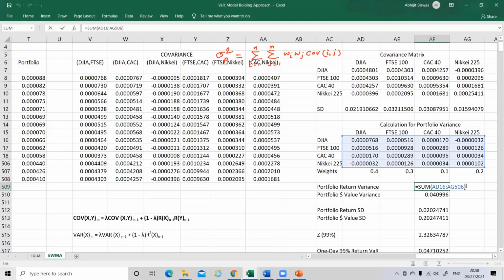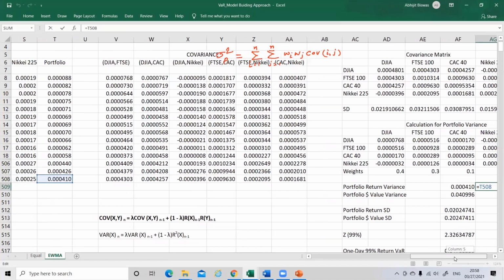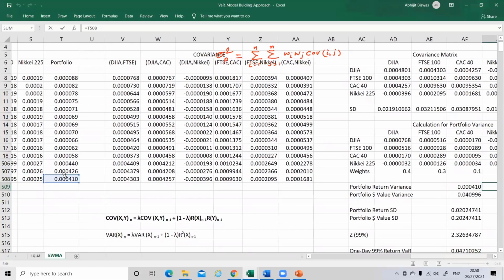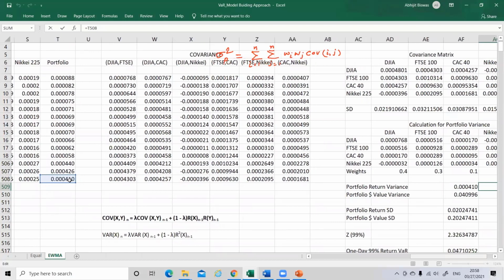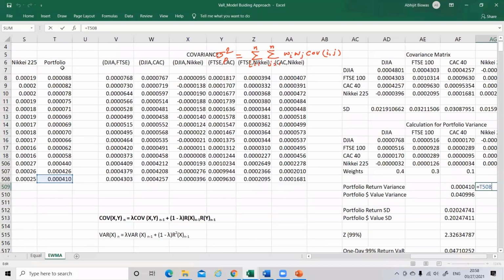Sum of AD16 till AG50. This is the portfolio variance on 26th September. Now you can cross-check whether your answer is correct or not. This should also be equal to the number in T508, because this is the variance of the portfolio on 26th.